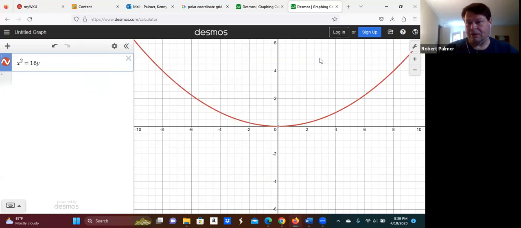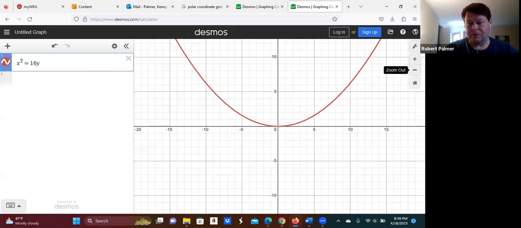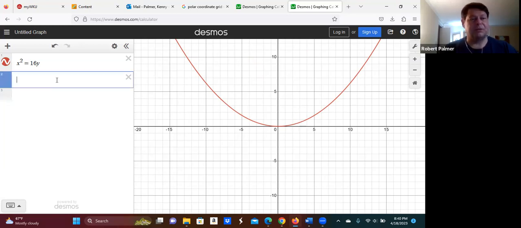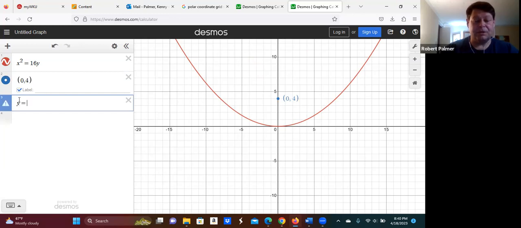Then our focus is the point 0, 4, which is right about there. Let's label the point 0, 4, and then the directrix was y equals -4.